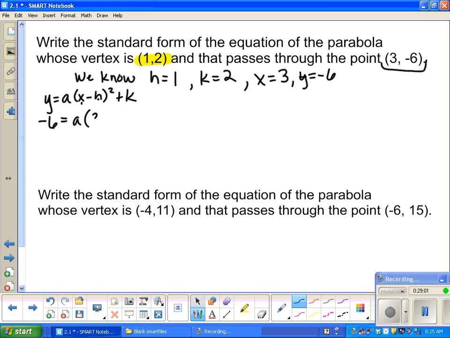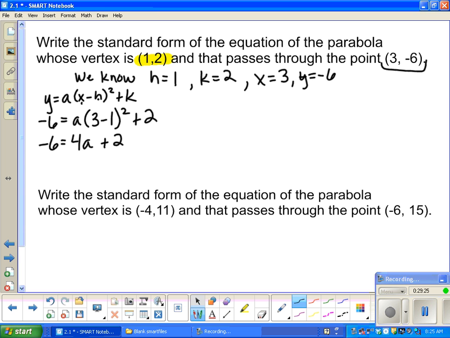We know x. Okay, remember it's x minus every time. We know h, 1 squared, and we know k. 3 minus 1 squared, 2. 3 minus 1 is 2. 2 squared, 4. So it's 4 times a plus 2.